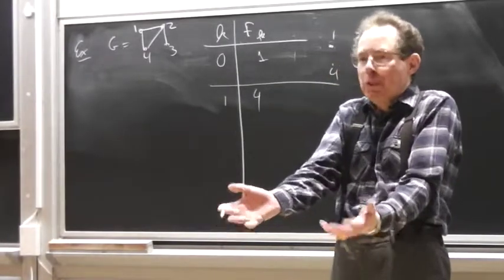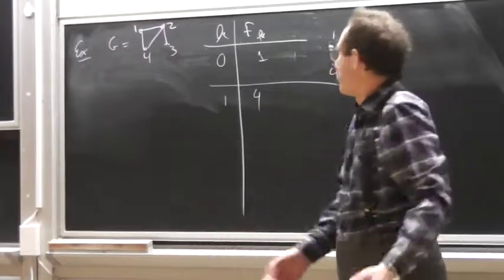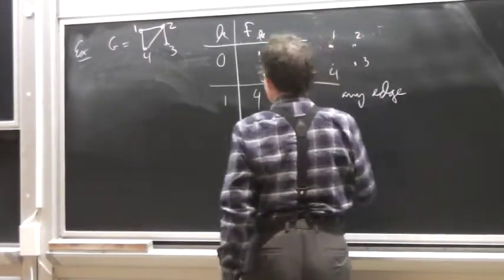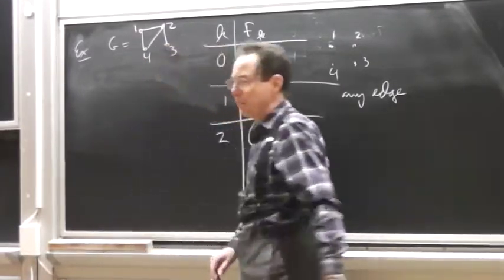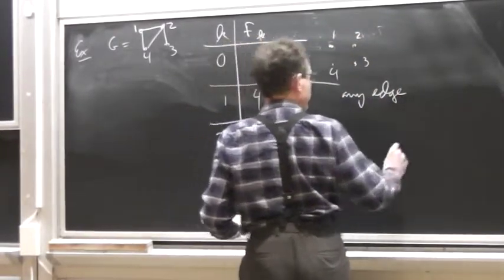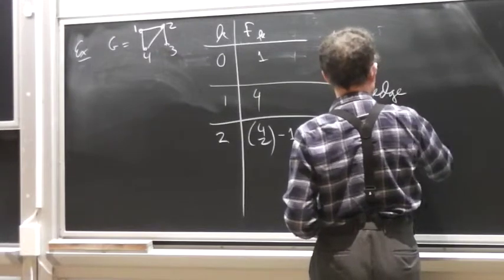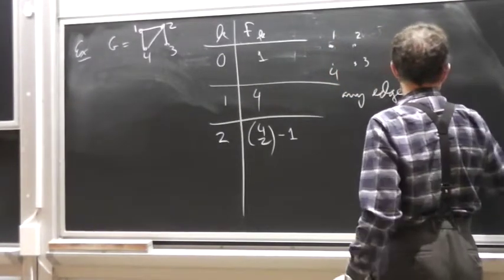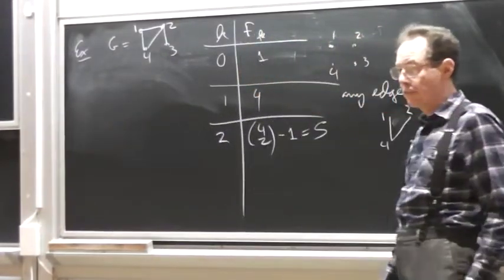Any edge will give you an increasing forest because you've got a minimum vertex and some other vertex. For k equals 2, there are 4 choose 2 ways of picking 2 edges, and one of them doesn't work: 1, 4, 2, and then 3. That's not increasing. So we throw that out, which gives a total of 5.